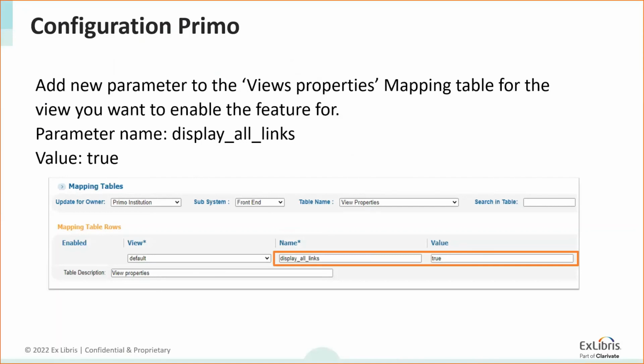This is a mapping table that is used for view configuration. You need to add a new row, and the parameter name is display all links, as you see it here, and the value has to be true. You need to set that for the view where you want to turn on this feature. Then you save and you deploy, and then you will see the additional links appearing in Primo.